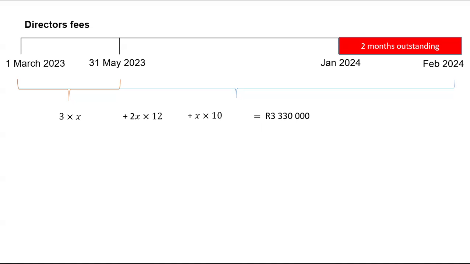At the end of the financial year, though, we're like, whoa, wait, we need to account for expenses. And expenses are not about what you paid. It's about what you have incurred. To incur is anything that helped you run the business in the current financial year. All the costs that helped you run the business in the current financial year must be recognized as an expense. And you notice that actually there's one director who helped me run the business for the entire year, but I didn't pay them for those 2 months.